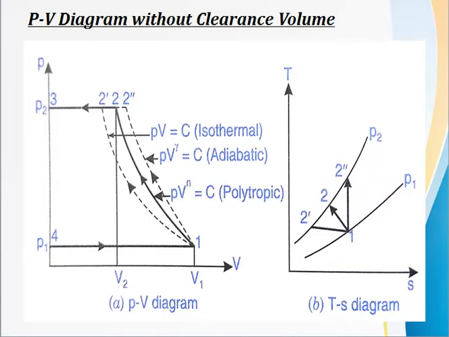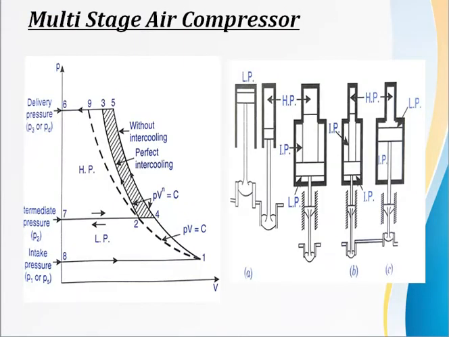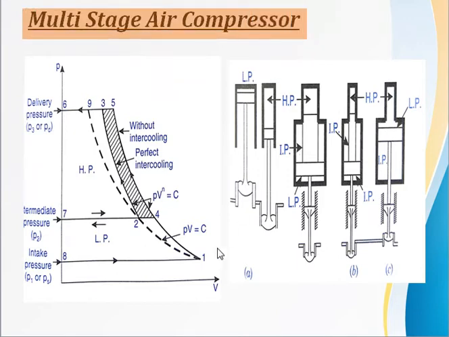Moving ahead, now multi-staging of compressors. As the heading tells, we can clearly see the PV diagram is shown here. So 1 to 5, 6.